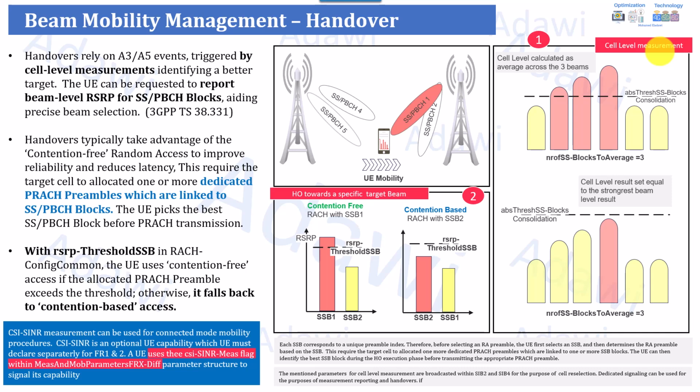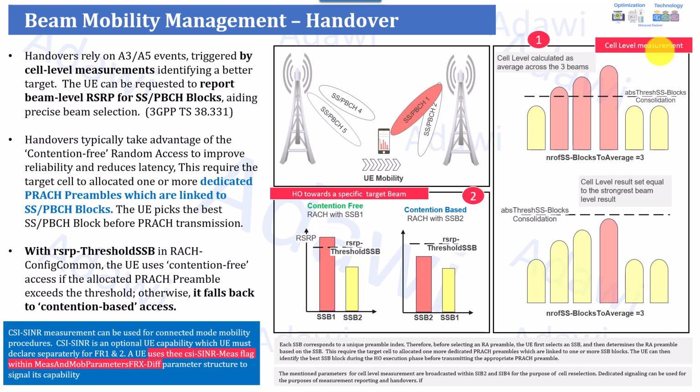These parameters will be delivered to the user to instruct the user how to do the cell level measurement, to decide which cell is the best cell to be sent in the measurement report from the UE to the serving gNB, which will decide which cell to do the handover towards, the target cell.